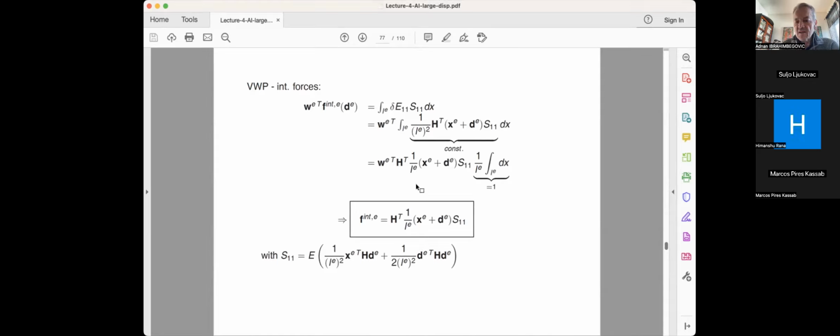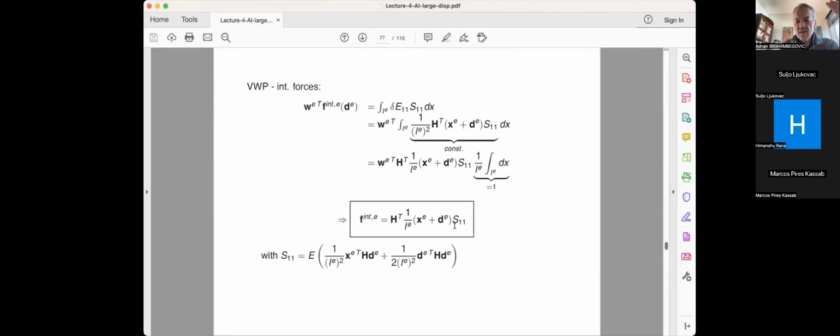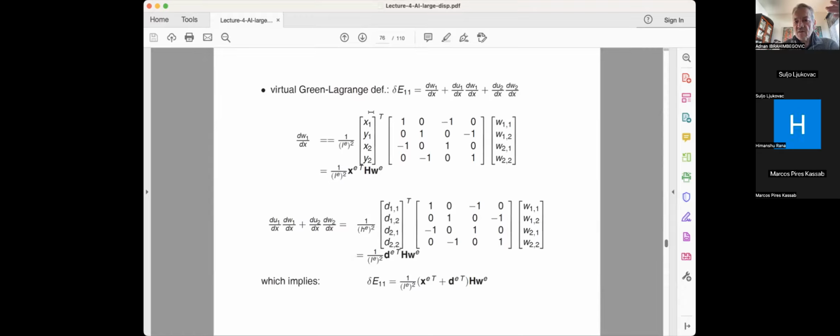So at the end, all is said and done, I have internal forces equal to H transpose 1/LE times X plus D times S11. This is how I compute my internal force. And basically, if I now take this into writing with what was the X, what was D, recall we introduced X's as the coordinates of the nodes of this element in the initial configuration.